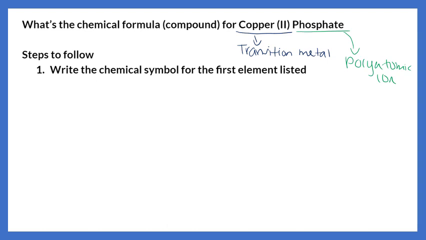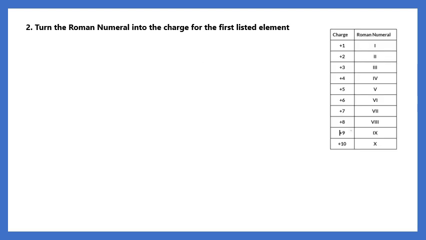So the first thing it asks is for us to write the chemical symbol for the first element listed. Well, the first element listed is copper, and copper's chemical symbol is Cu. Nice and easy. So far we've determined Cu.